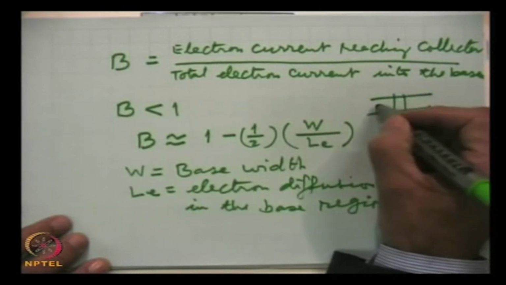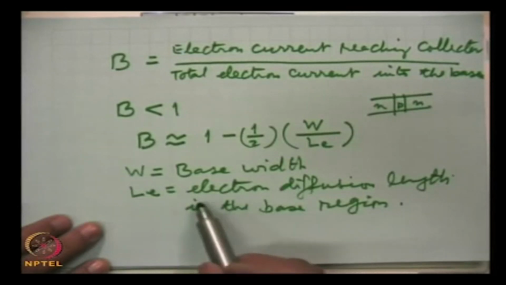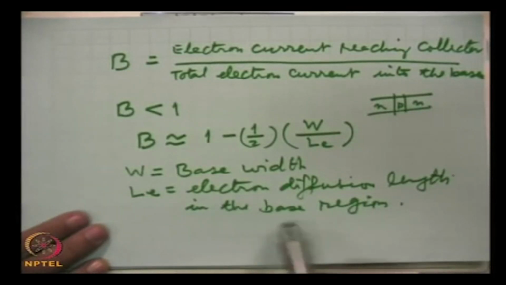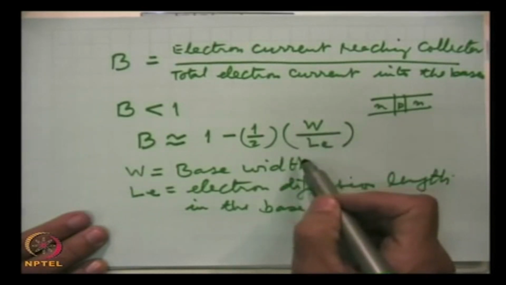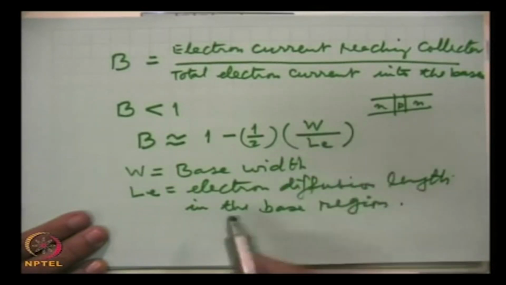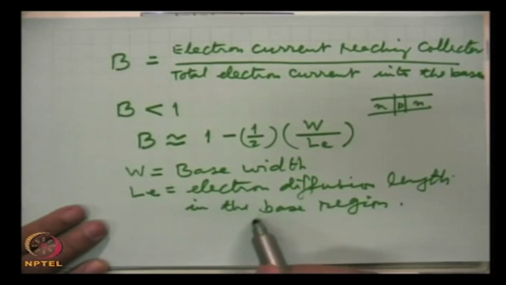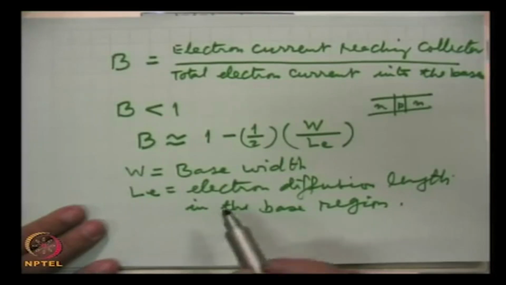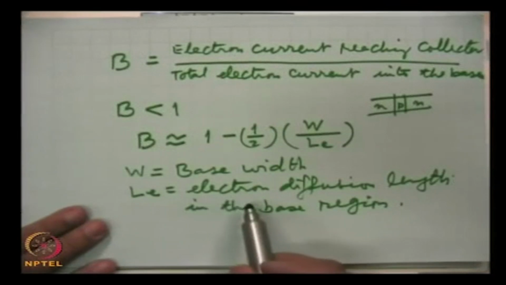This was base, this is NPN, and the electron diffusion length in the base region should be made high to make this factor still smaller. And again this is achieved by making the base region very lightly doped. The more lightly doped the region, the higher will be the minority diffusion.